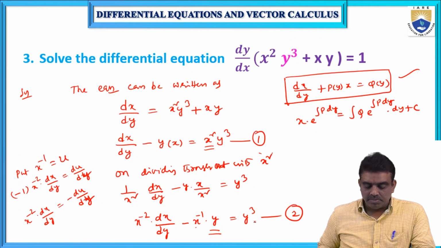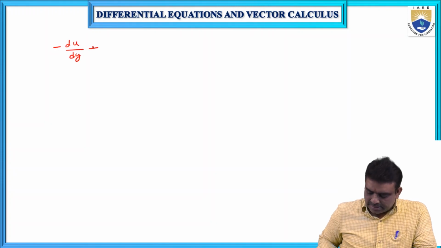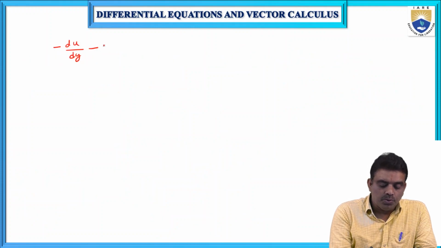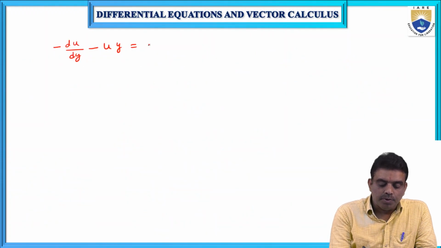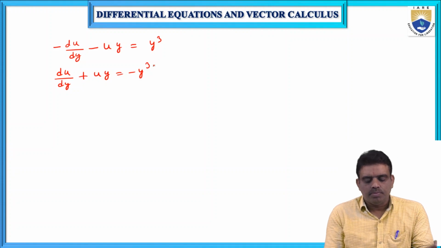So what I have to write is minus du by dy minus, so what I can write, x power minus 1, that is u into y is equal to right side y cube. It is du by dy plus u into y is equal to minus y cube.